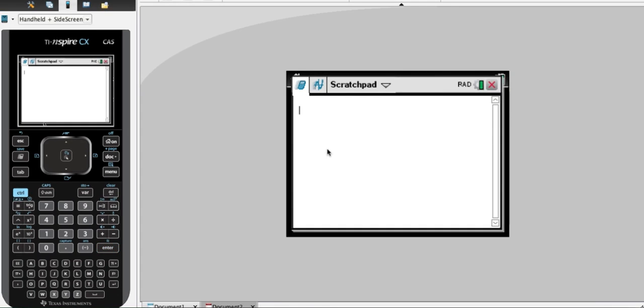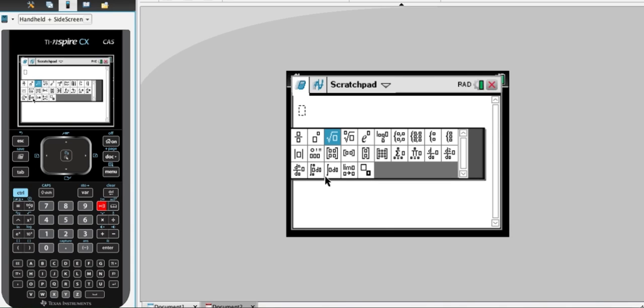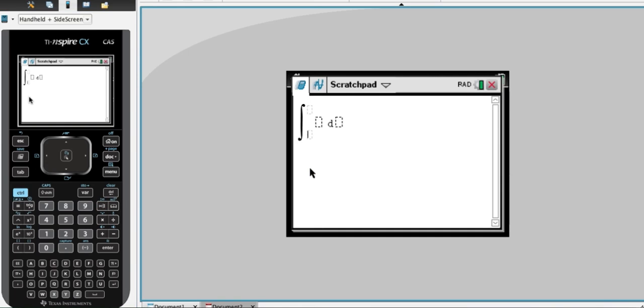In addition to being able to find indefinite integrals, the n-spire could also find definite integrals, which is super useful for saving time during tests on the calculator section. So if we look at the function button and select the definite integral, which is this one, it gives us this notation, which is the area under the curve of a function within a certain interval.